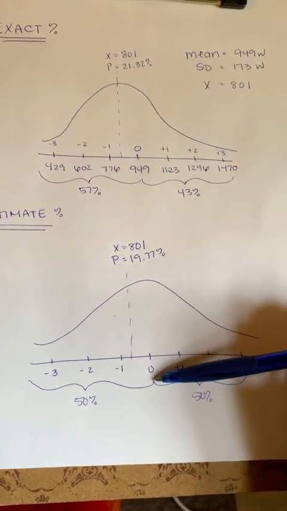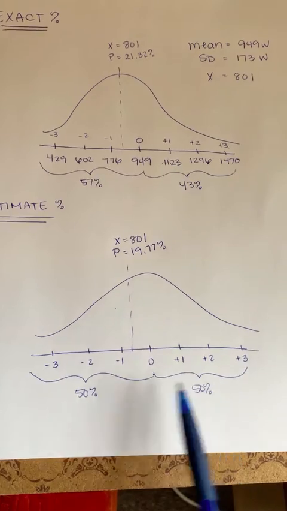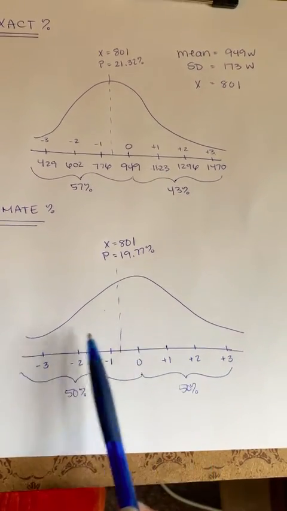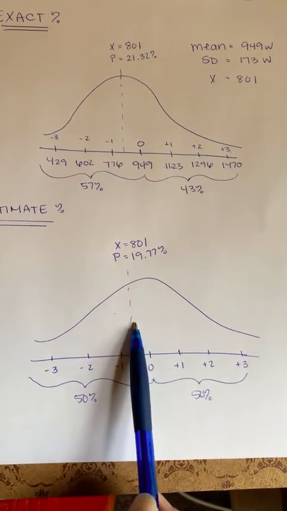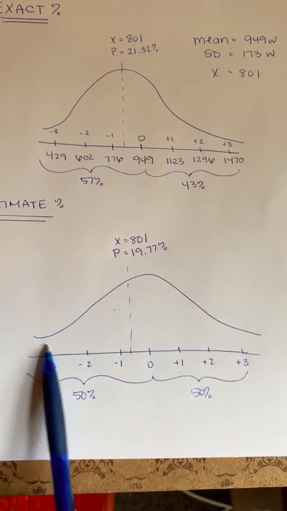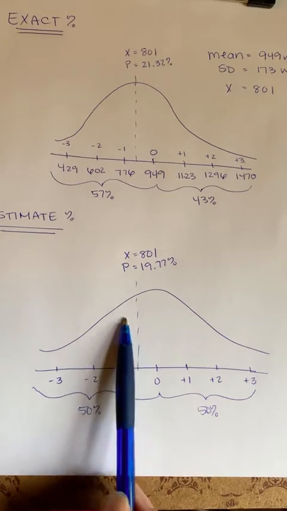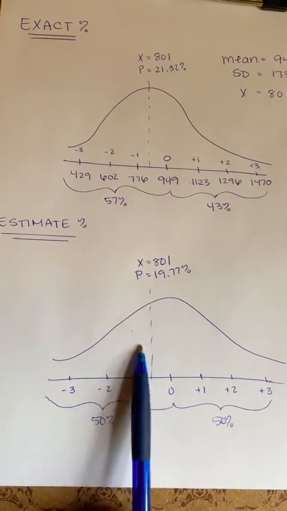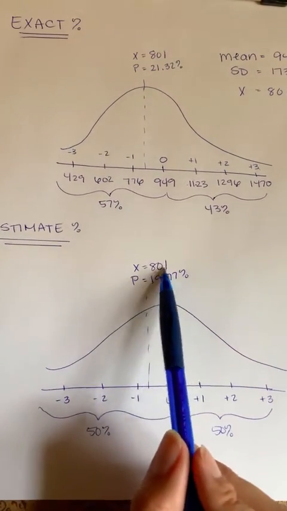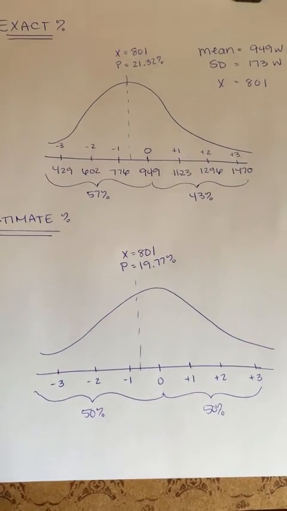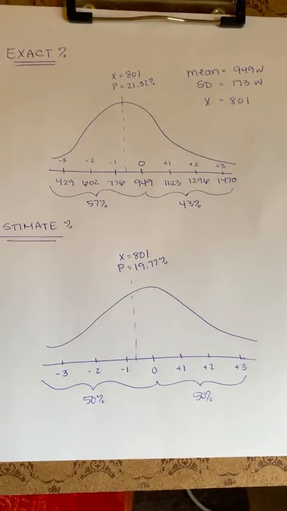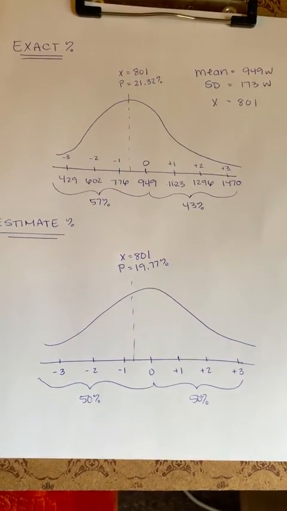Versus down here, we have equal distribution of frequencies on both sides of the mean. So we have a likelihood of a lower percentile, a lower probability that we would land to the left of 801 in a perfectly normal distribution. Hopefully that helps make sense.